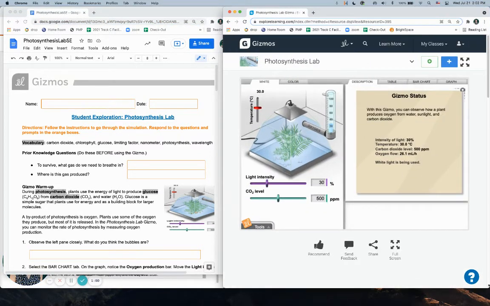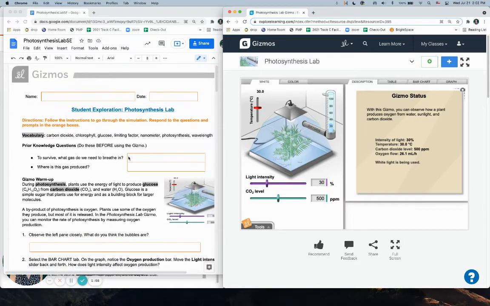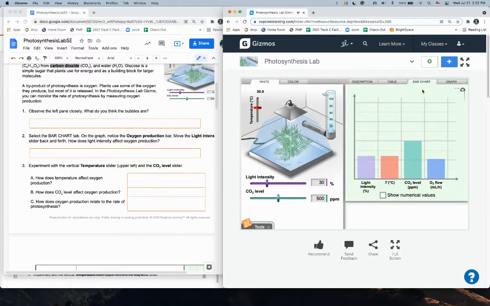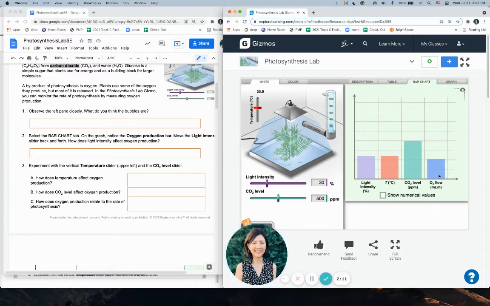I'll just walk you through the different sections. So here's our warm-up. You can just answer these questions, what you think these bubbles are, and then it's going to say select the bar chart here, and notice the oxygen production.